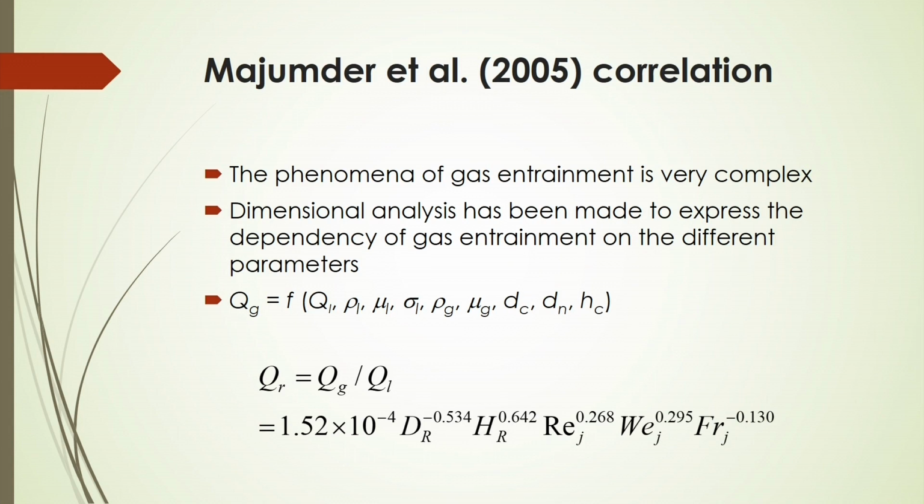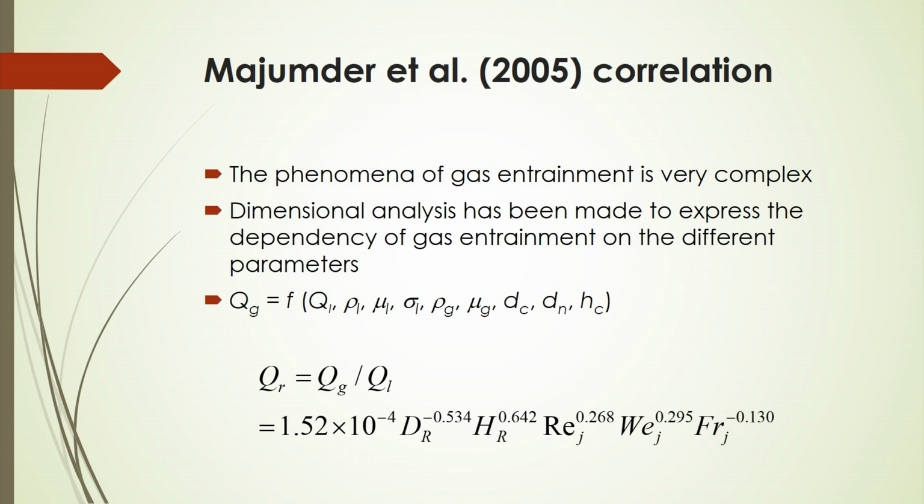For that, you can do dimensional analysis based on the different operating variables. The operating variables for the entrainment of gas in this downflow system are liquid velocity, density of the liquid, viscosity of the liquid, surface tension of the liquid, gas density (if you are using air, then air density), viscosity of the air or gas, column diameter, and nozzle diameter.